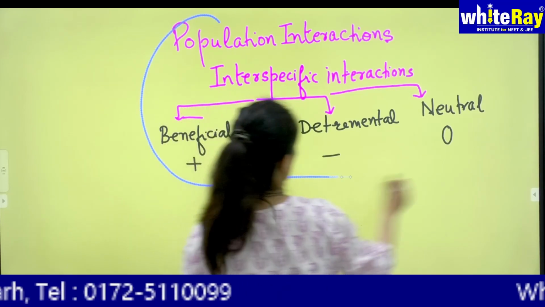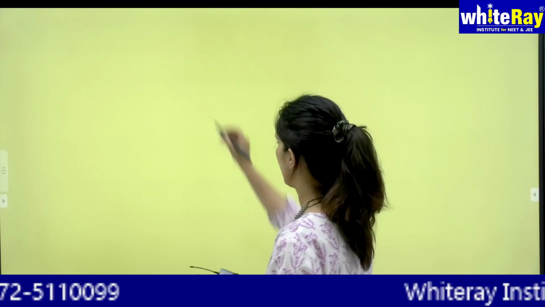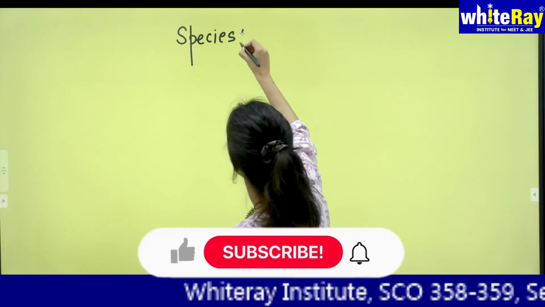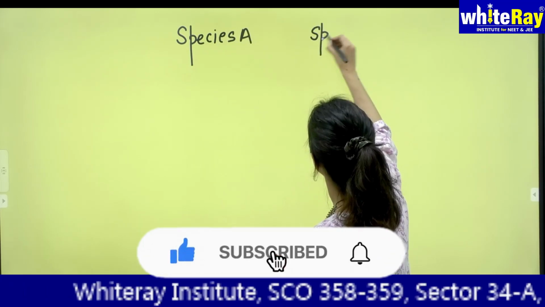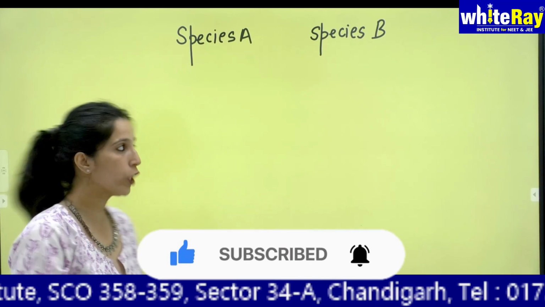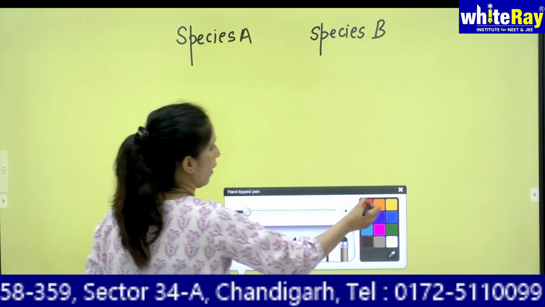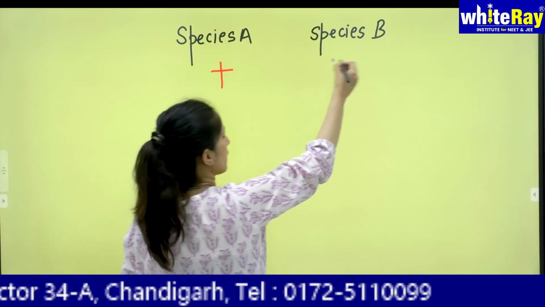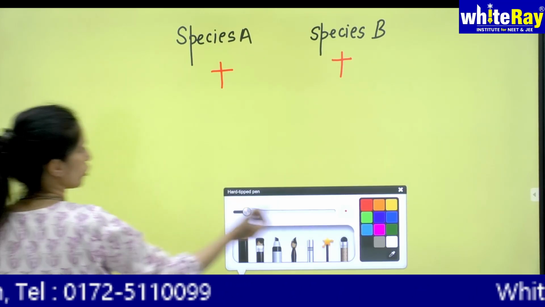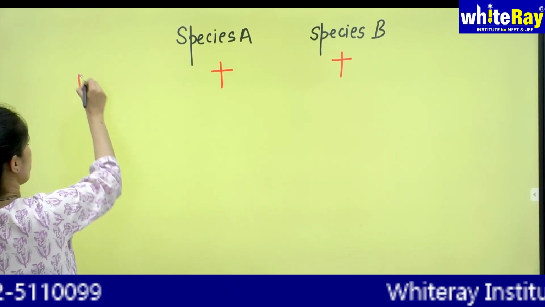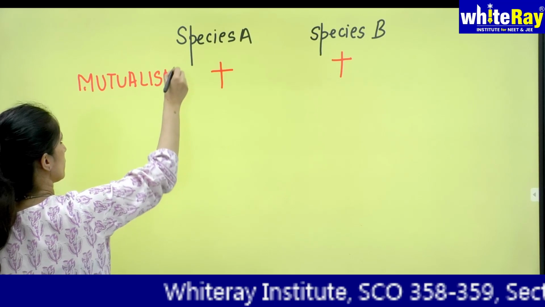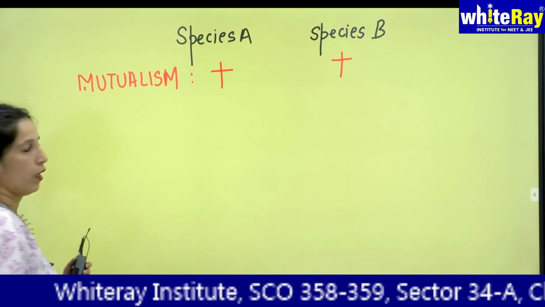So I'll show you various types of interactions. I'll make the chart to explain you population interactions. See, if both the species are benefited, that is, you see the plus plus sign on both the sides, then you call that interaction mutualism.